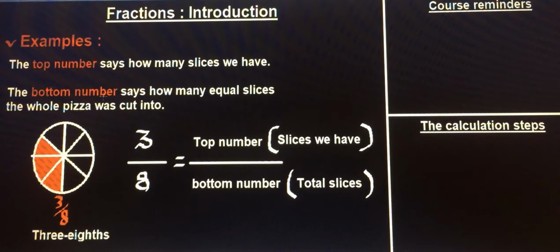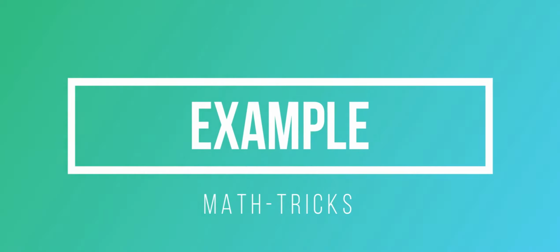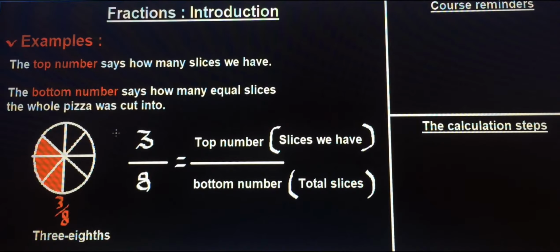The bottom number says how many equal slices the whole pizza was cut into. In this example, 3 represents the top number, the slices we have. 8 represents the bottom number, the total slices.